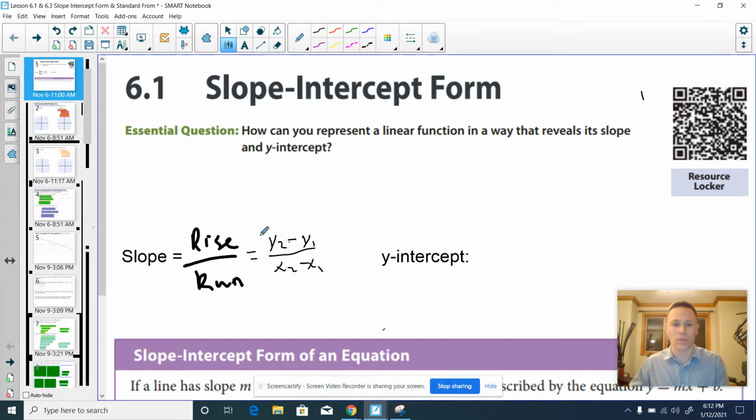That was our slope formula. We used rise over run on the graph, where we literally counted how far we went up or down and how far we went to the right. With the formula, if I just gave you 2 coordinate points, you'd be able to figure out the slope.